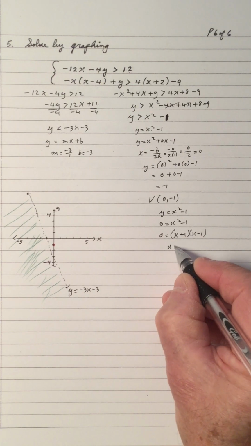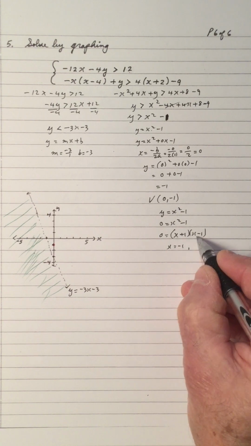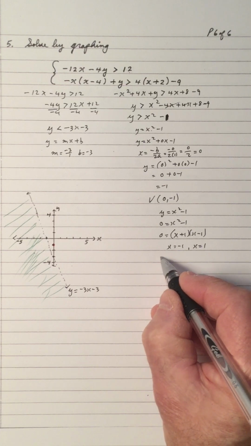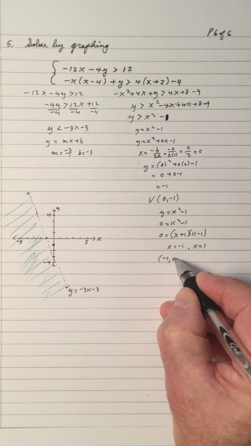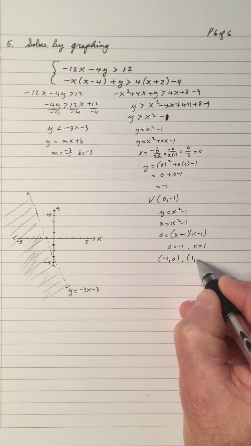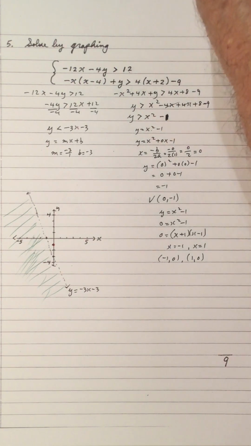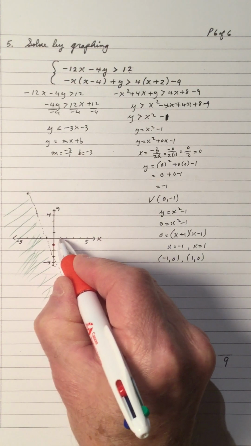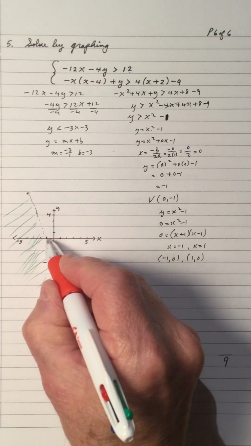So that means x is negative 1 right here, and x is 1 right here. So that means when we have x is negative 1, y is 0. When we have x is 1, y is 0.